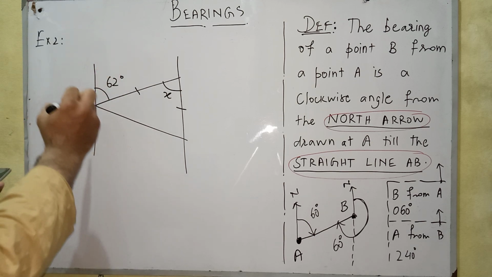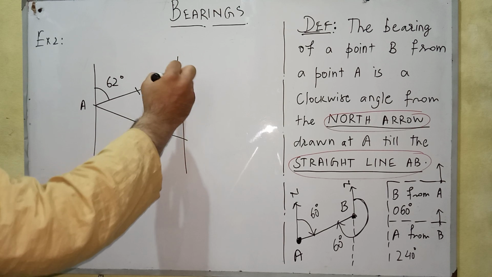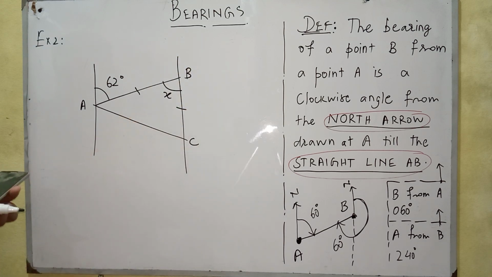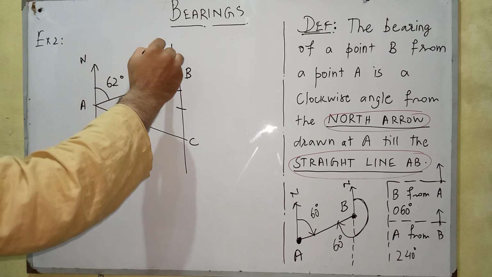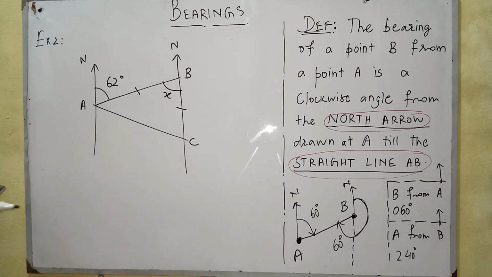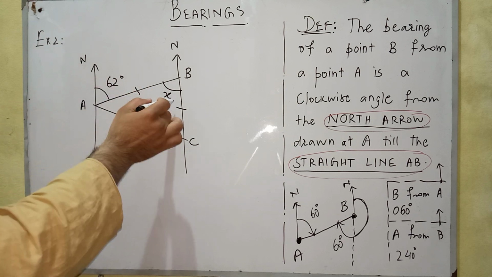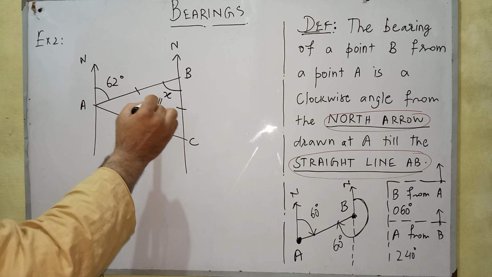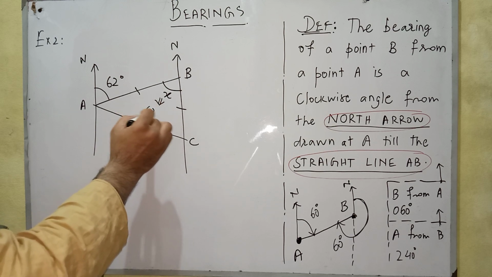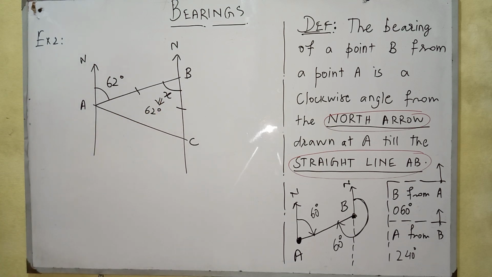This is point A, this is point B and this is point C. First of all we need to find angle X. Because this is north arrow, this is north arrow, this angle will be equal to 62 degrees because these two angles are alternate angles of each other.